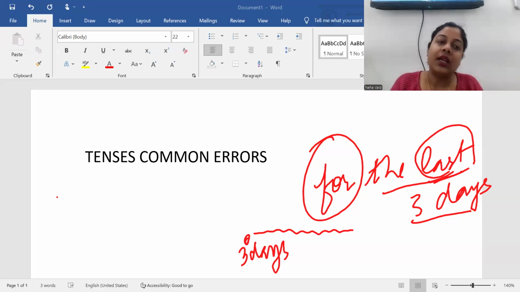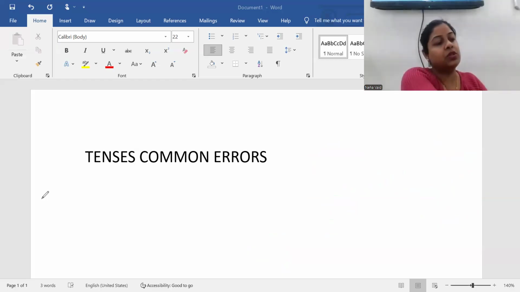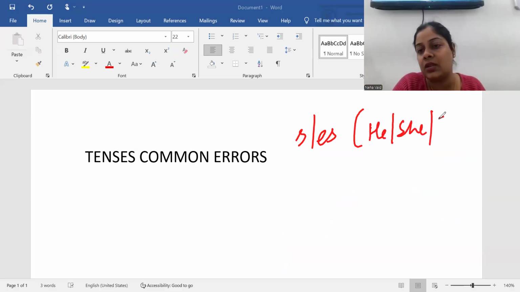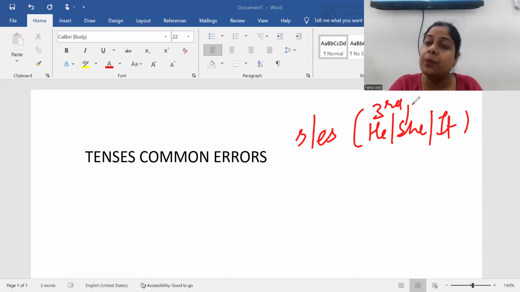Now, how to understand the formation of these tenses? The formation of these tenses is very simple. The first is simple present: the use of S/ES is precisely only with he, she, it. Many students ask me, ma'am, it is with singular. No, this is third person singular. I'm specifying it is third person singular. Now, what is third person?